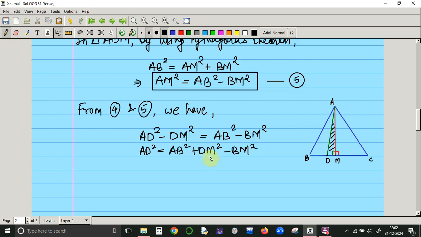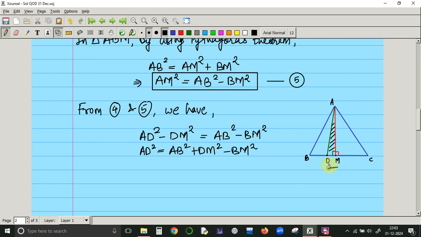You have to do some calculation or experiment over here, so that you will know what you have to do or what you have to reject. So what I have tried is I have substituted BM over here, and I noticed that nothing is giving me a useful answer. Then I tried substituting DM by BM minus BD. Then again it was a failure.